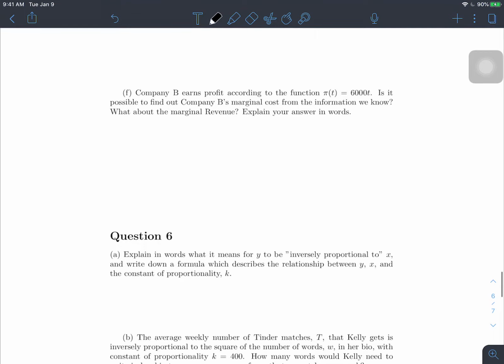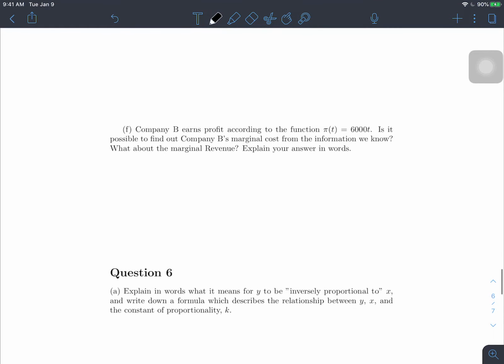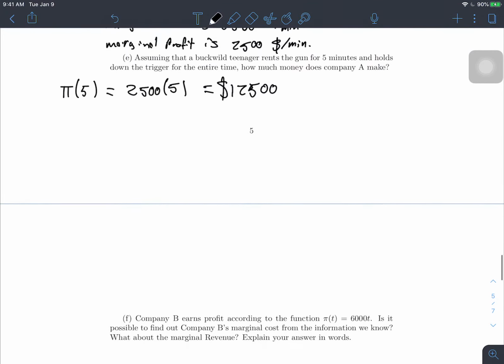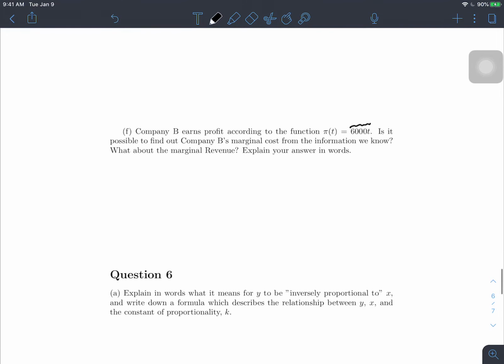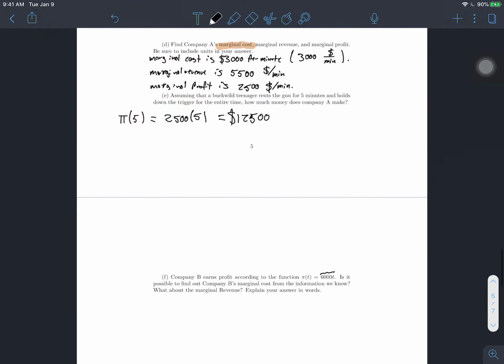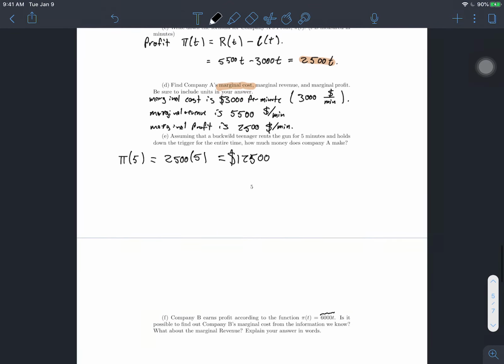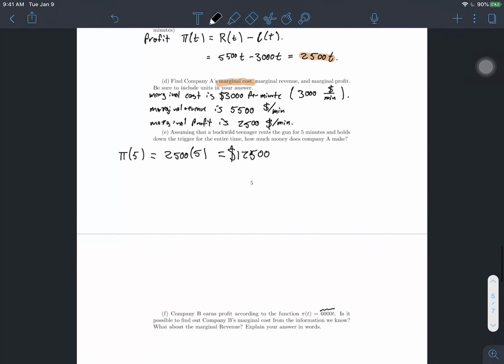Last part of this problem is a little bit more abstract. They say Company B earns profit according to this function. Here we've got pi of t equals 6,000t, so their profit function is significantly larger than the profit function of Company A. They're making much more money.